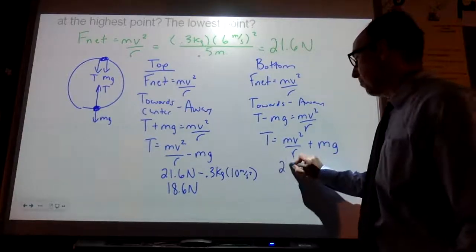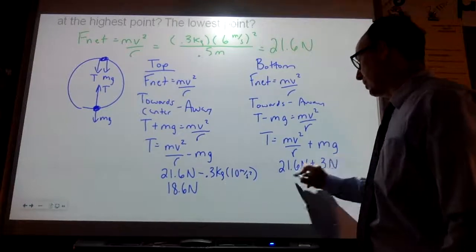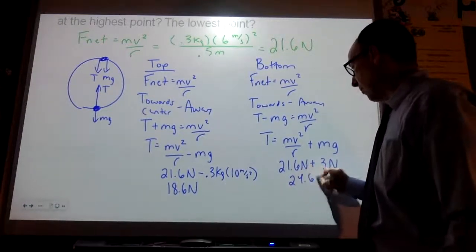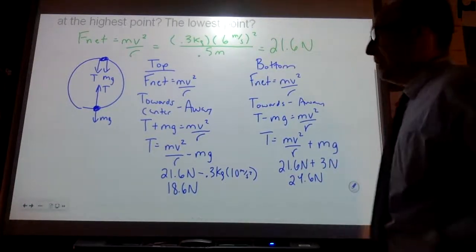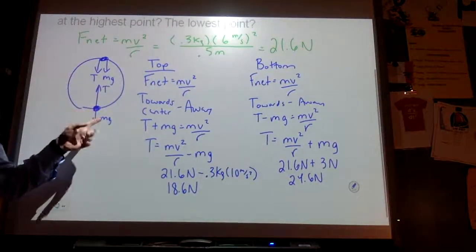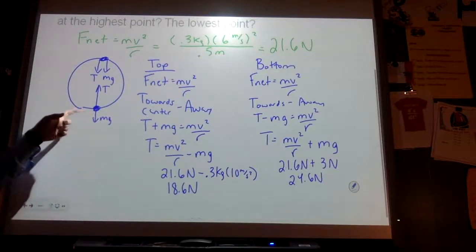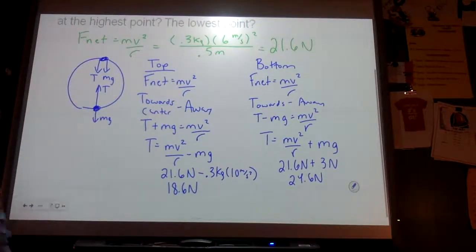So now this is going to be 21.6 plus 3 newtons, or 24.6. So my tension has to do two things when it's at the bottom. It needs to turn the ball, to accelerate the ball by turning it, and it also needs to lift it.